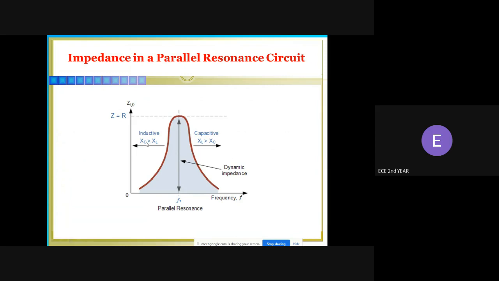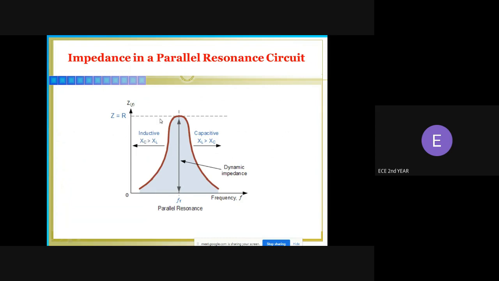Here XC is greater and XL is very low, because both are inversed. So XC is maximum, and in this part the circuit will act as inductive.